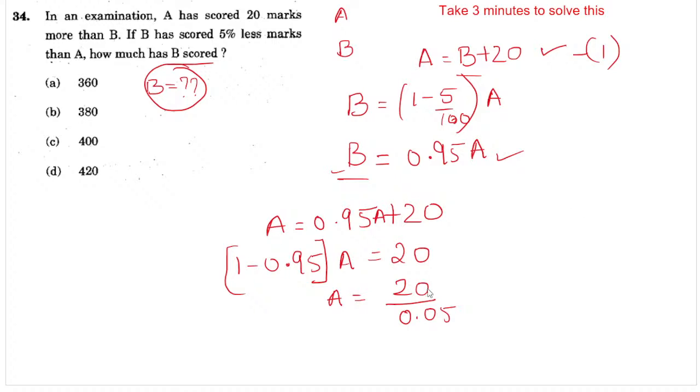And this is equal to 20 by 5 into 100. 5 fours are 20, so this is 400. So if this is 400, then we want to calculate B. A is equal to B plus 20.